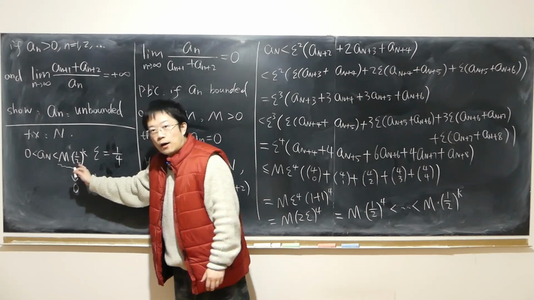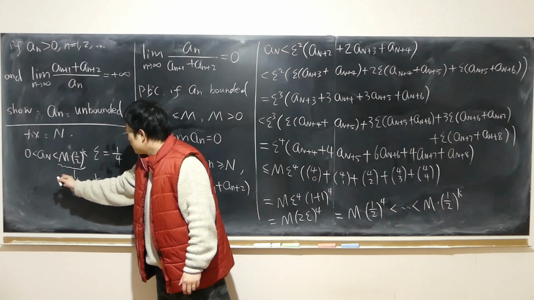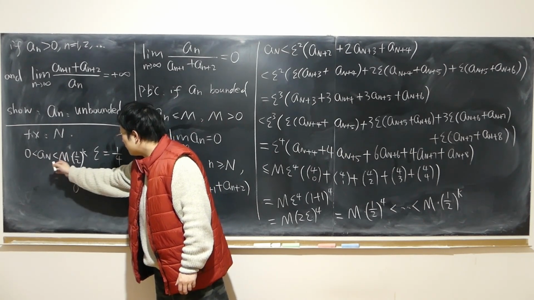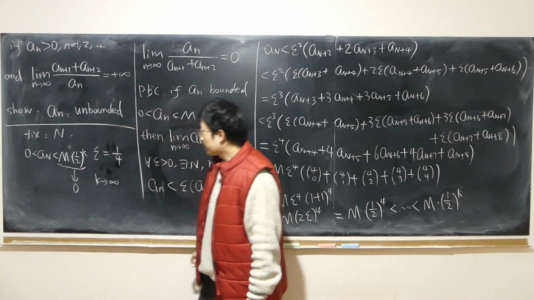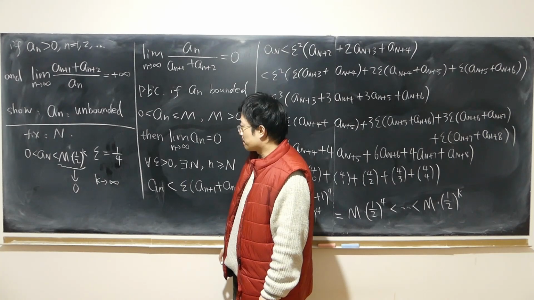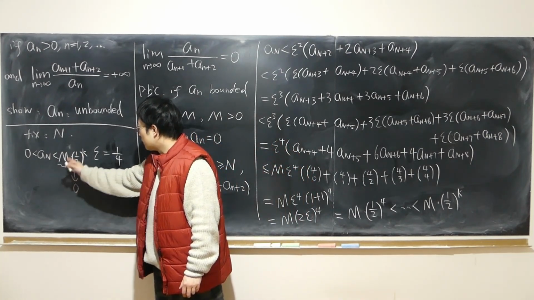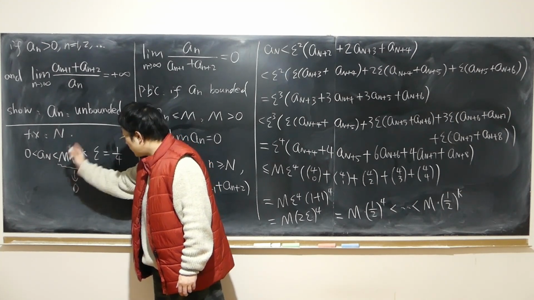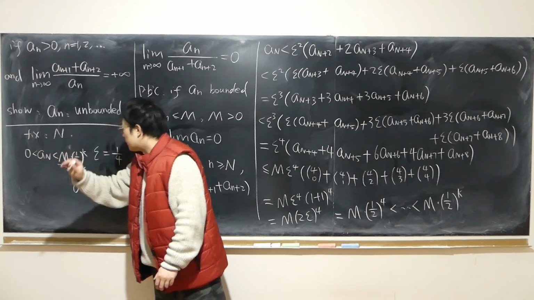So how can the right-hand side approach 0 while still being bigger than this fixed positive number? Something arbitrarily small, but bigger than a fixed positive number.